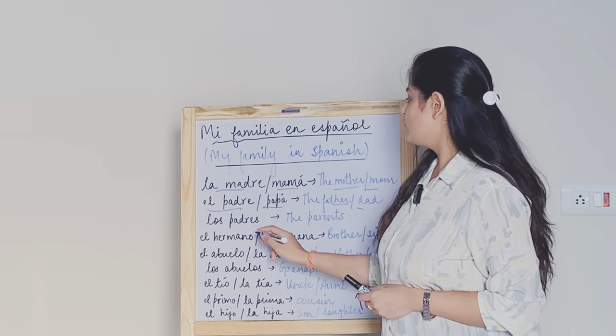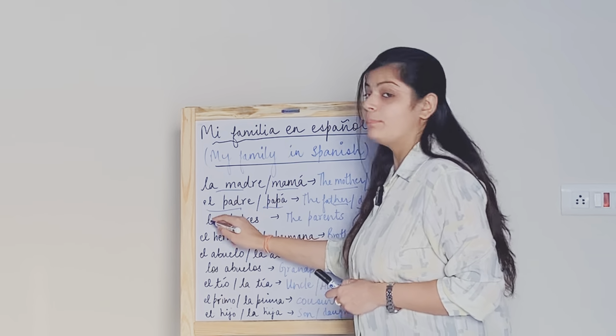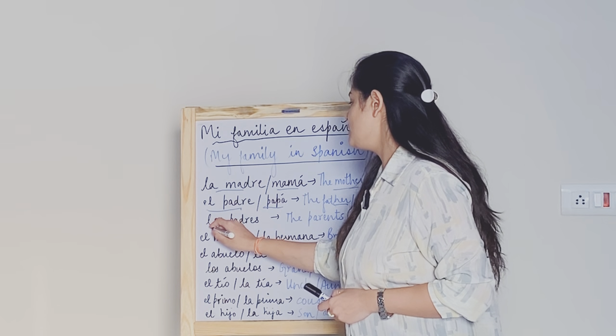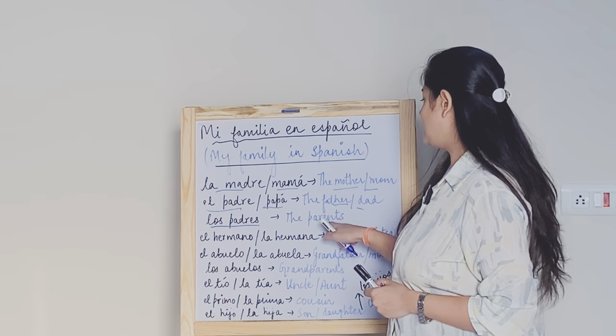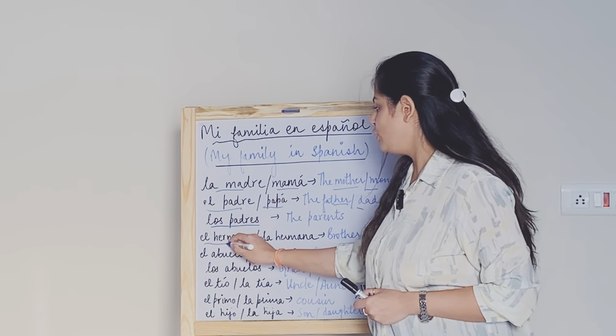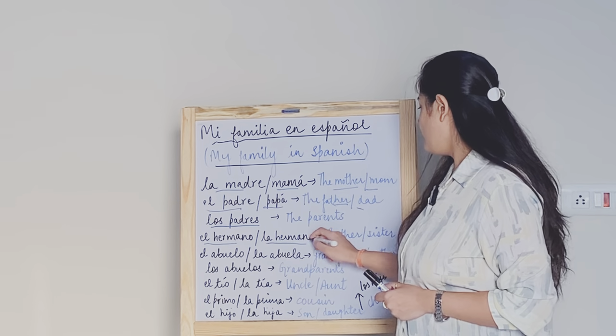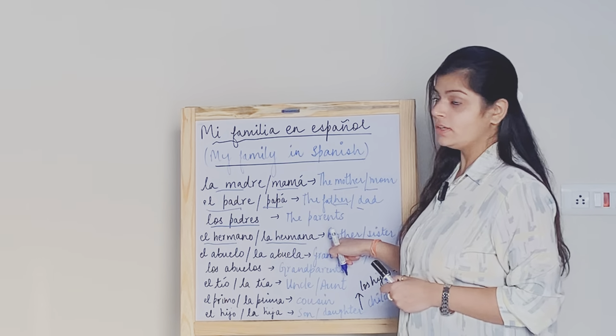Right? Let's move now. If we want to say the collective ones, then for parents we use los padres en español, the parents. Right? Let's move forward. El hermano o la hermana for brother or sister. Hermano for brother, hermana for sister, not hermano, because I told you H is silent in Spanish, so that's why hermano o hermana.